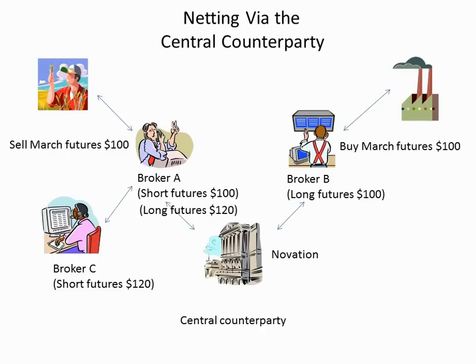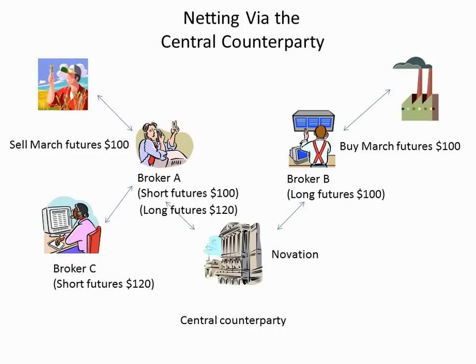So in this situation, we would say that when broker A executes the long futures position to net out their position or close out their position, they would have paid up to that point $20 in variation margin to the clearinghouse. And of course, in this very simple example, that $20 variation margin would have been transferred to broker B.